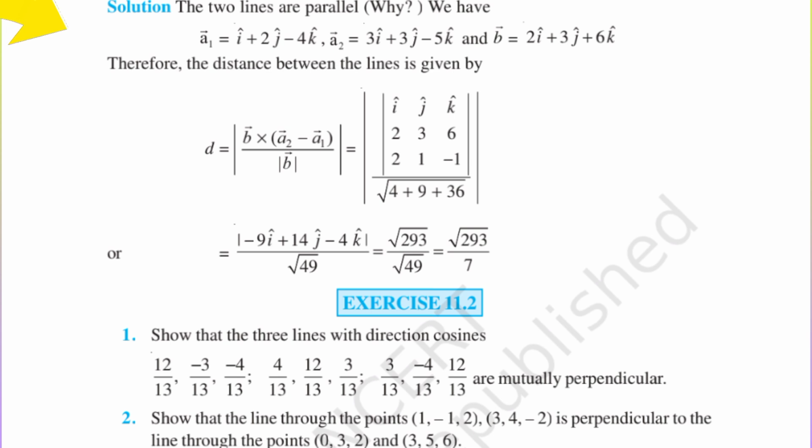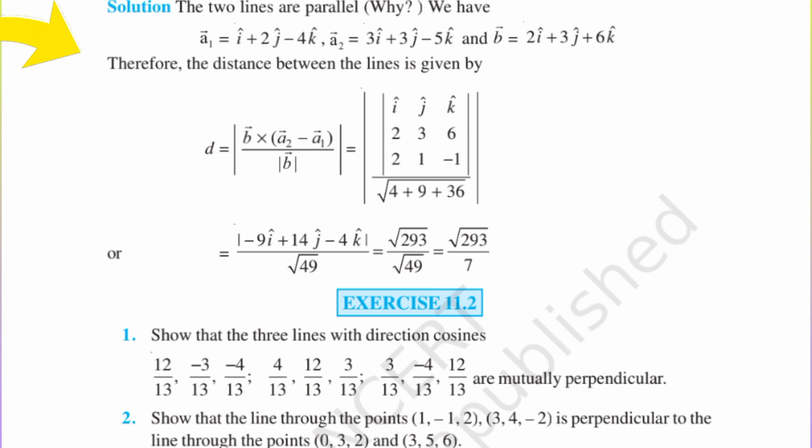We have a1 = i + 2j − 4k and a2 = 3i + 3j − 5k, and b = 2i + 3j + 6k.